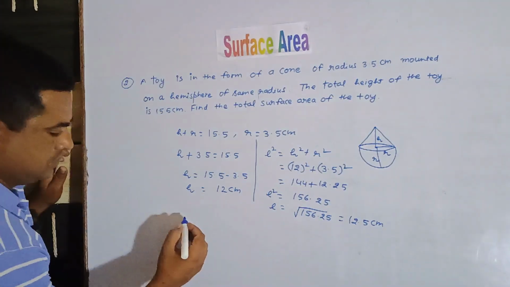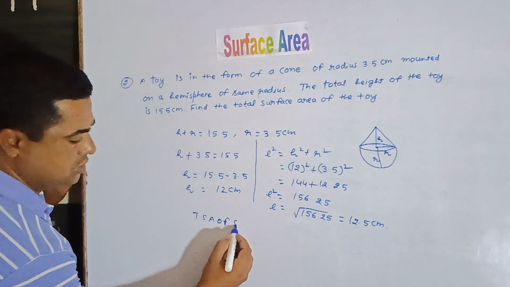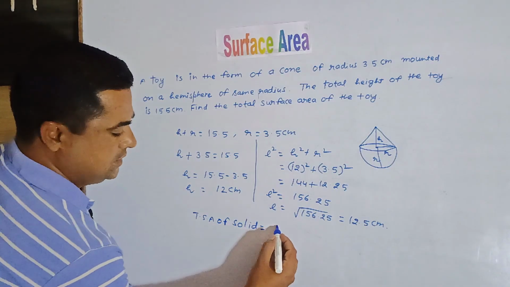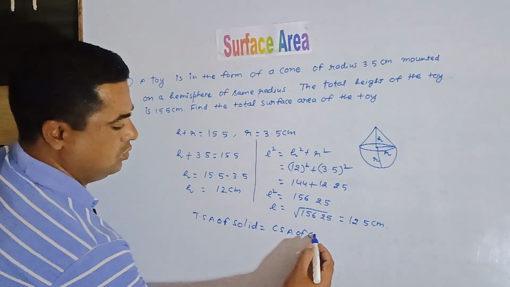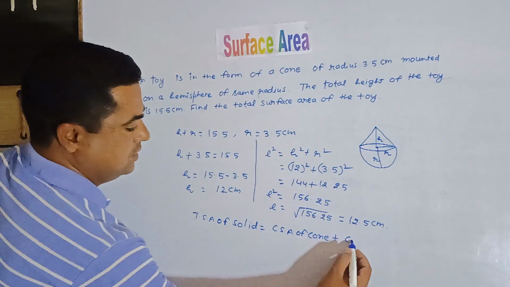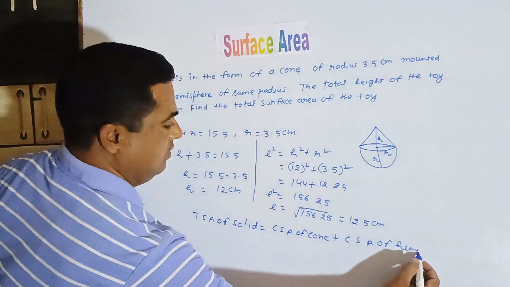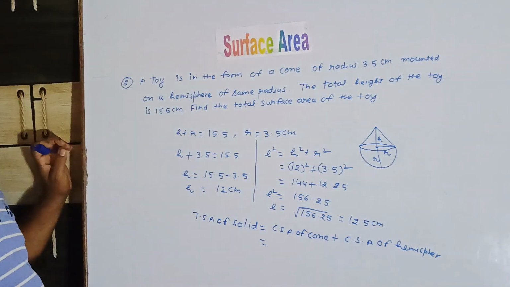So we write here the total surface area of the solid equals the curved surface area of the cone plus the curved surface area of the hemisphere, correct? Students, we know the formula.